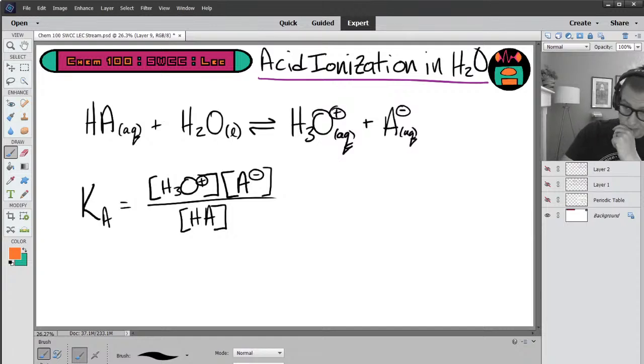Now, this is interesting. There's a quantity called percent ionization.